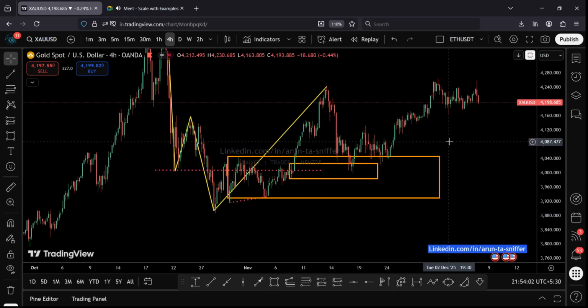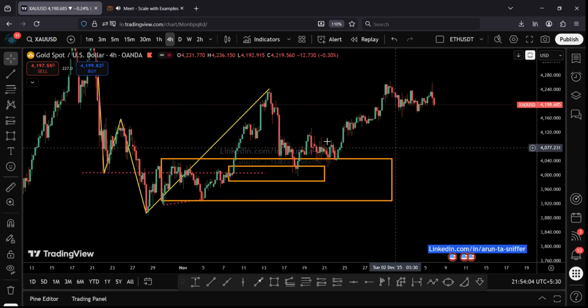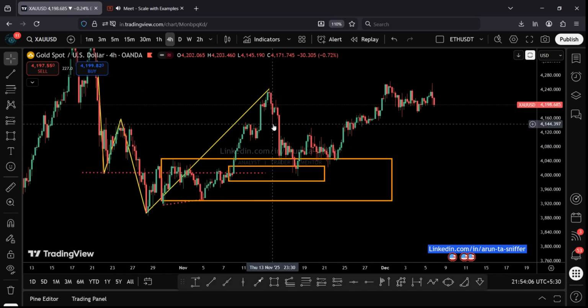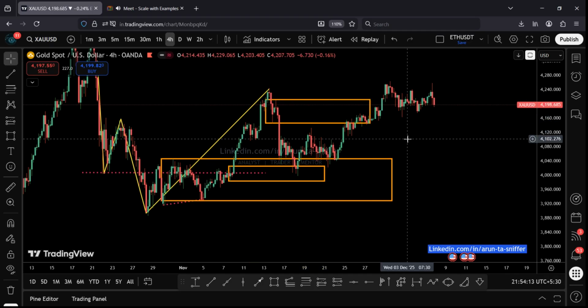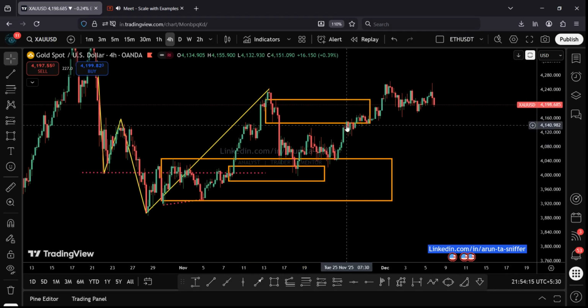And we know our minimum target is what? Our origin of move is here, like this. This is our origin of move. Our minimum target will be here.